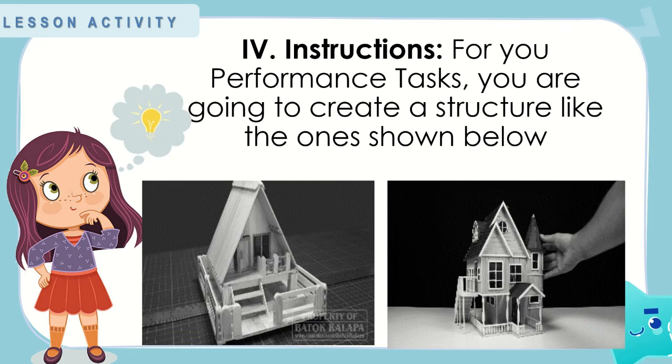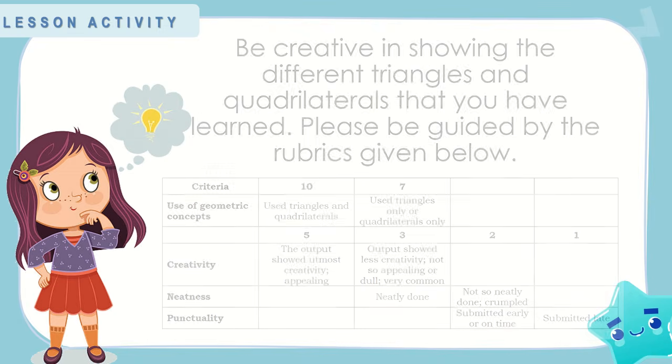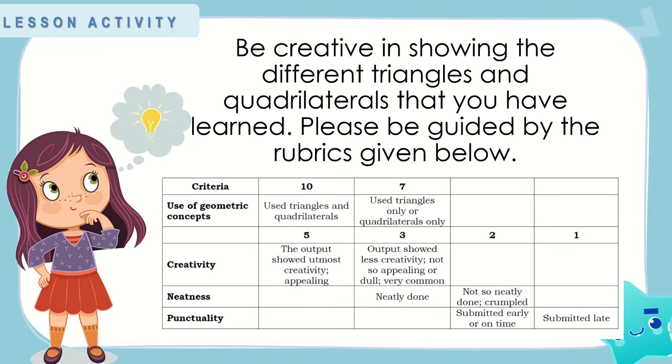Instructions for your performance task: you are going to create a structure like the ones shown below. Imagine that all of you are architects or engineers. You're going to construct a structure with triangles and quadrilaterals using popsicle sticks or the like. Be creative in showing the different triangles and quadrilaterals that you have learned. Please be guided by the rubrics given below.